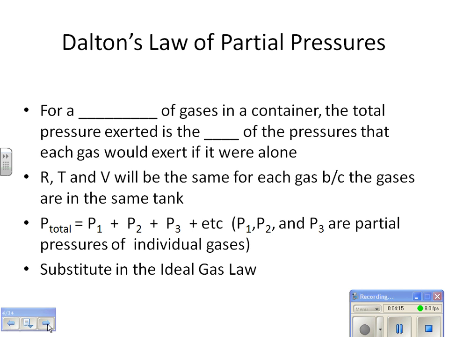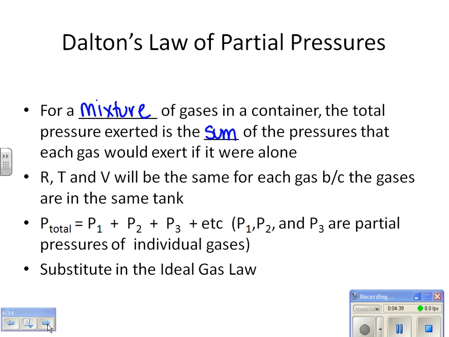Next law, Dalton's law of partial pressure, has to do with mixtures of gases. For a mixture of gas in a container, the total pressure exerted is the sum of the pressures of each gas. So if you had 3 or 4 gases in a container and you knew the pressures of each of those gases, the total pressure is the sum of them.